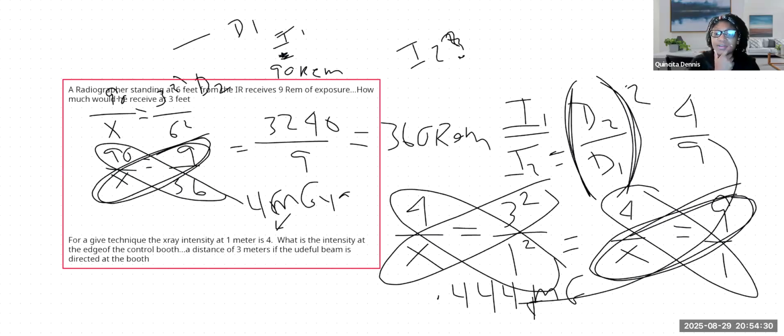Now, did you plug the numbers in incorrectly? 4 over x is equal to, oops, what was that second number? 1 over 3.